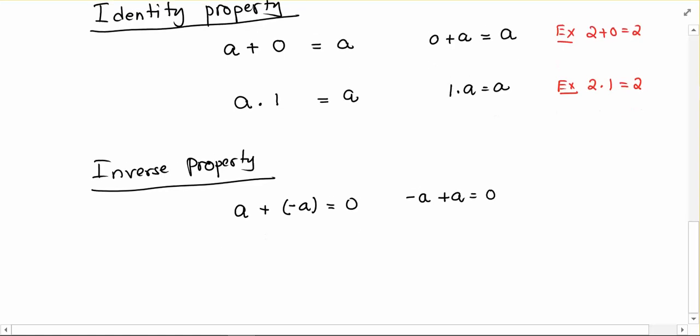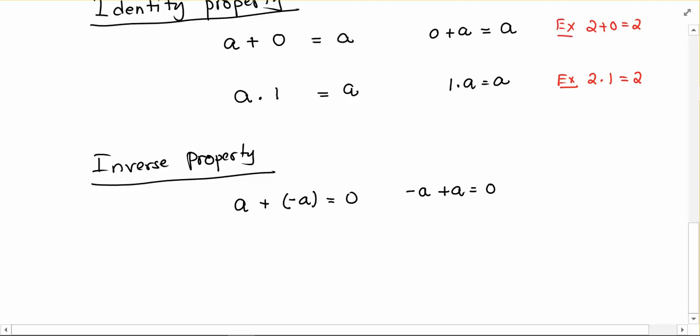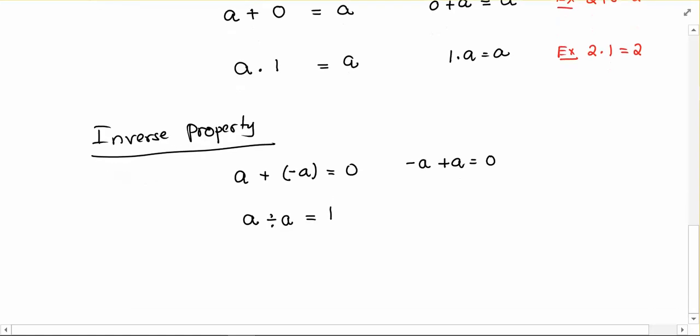And again, in terms of multiplication, if you divide, you get that A goes away, right? So if I have A and I were to divide it by A, the A's cancel and you're getting 1. Another way of writing that, of course, is to say A times 1 over A, and that would be 1. Right?